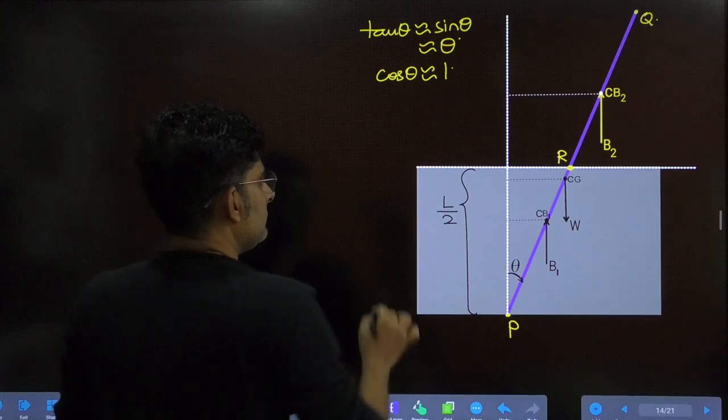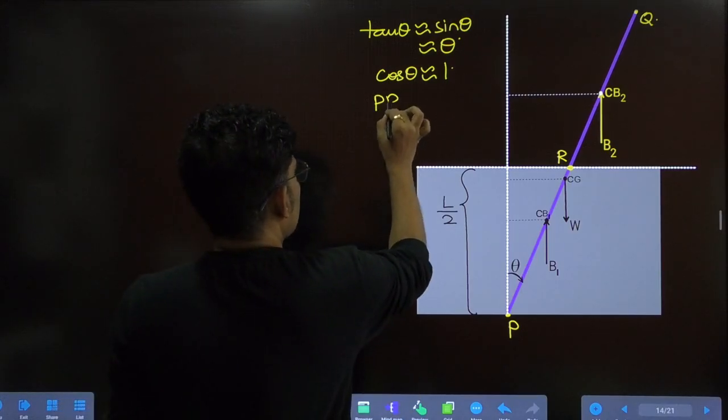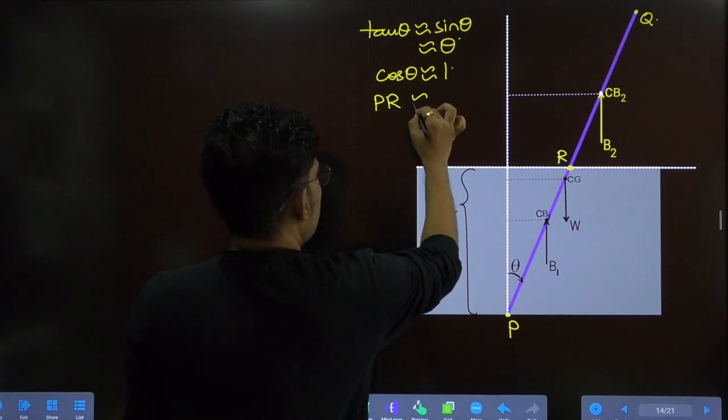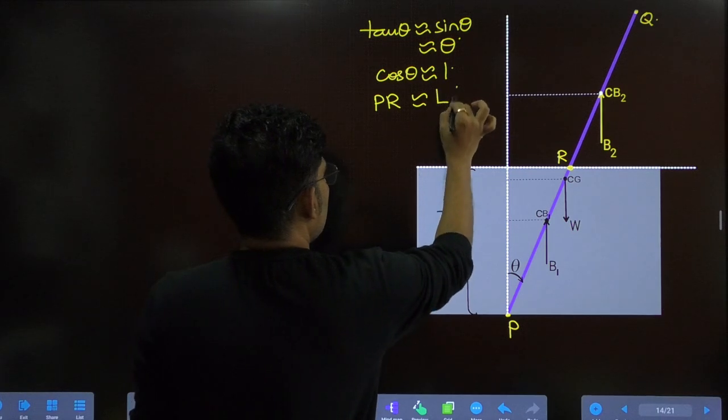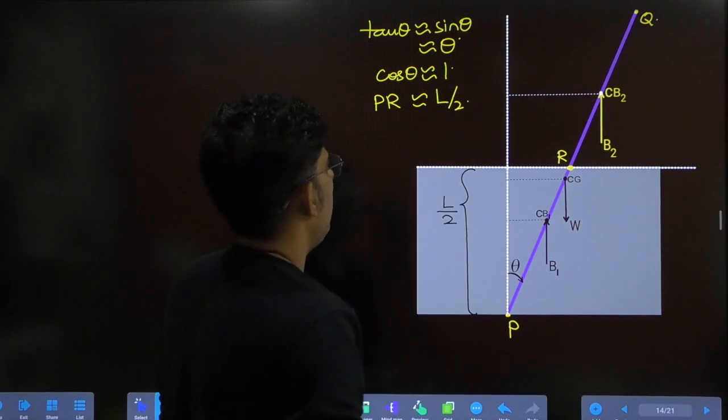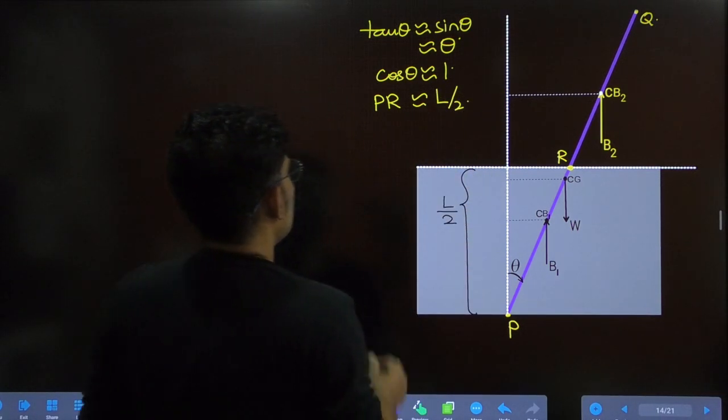So we can say PR will be approximately L by 2 only, and the same goes with RQ.